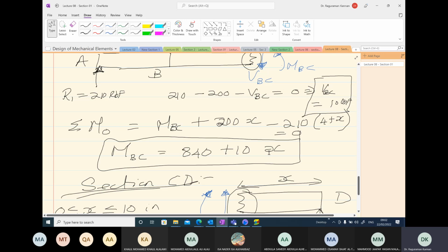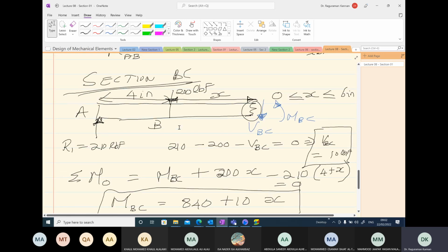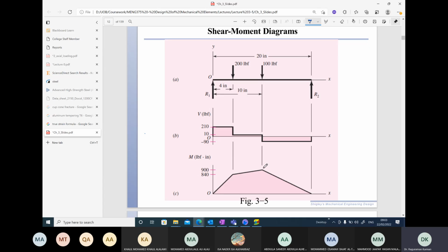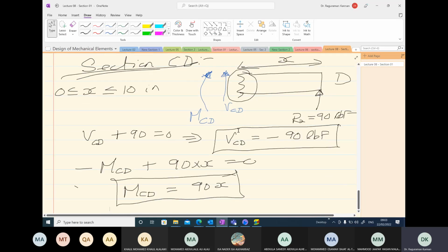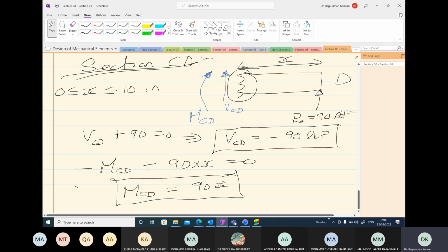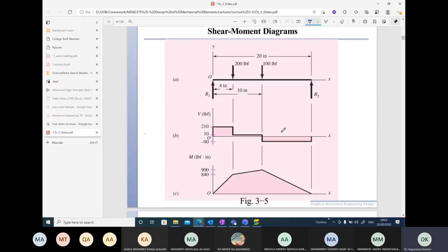At the point C, on the other hand, x is equal to 6, and we get 6 times 10 is 60 plus 840 will become 900. Last section, 90 times x is equal to 0 on the right hand, and we get 0 value. And we substitute x is equal to 10 at the point C, and we get 900, the same value. So linearly varying.